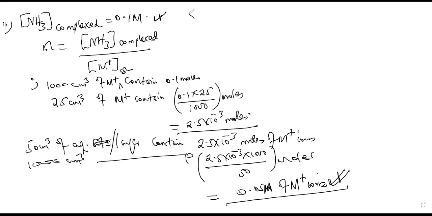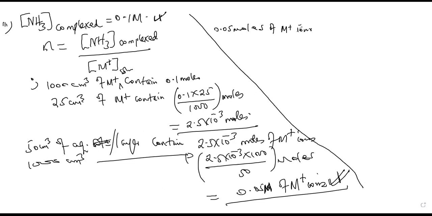So one can substitute in the formula, or else one can also say that 0.05 moles of M ions complex with 0.1 moles of ammonia.